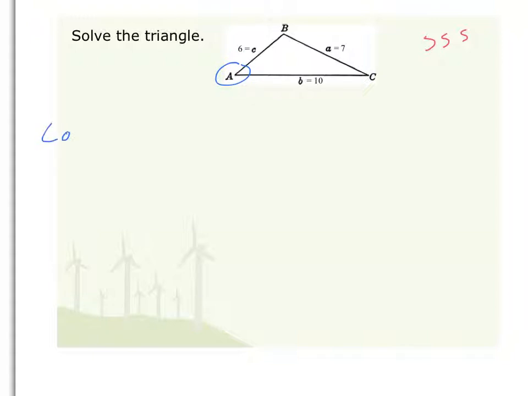So cosine of A, remember this is where A will match what we subtract up here. So then it will be B squared plus C squared minus A squared over 2BC.